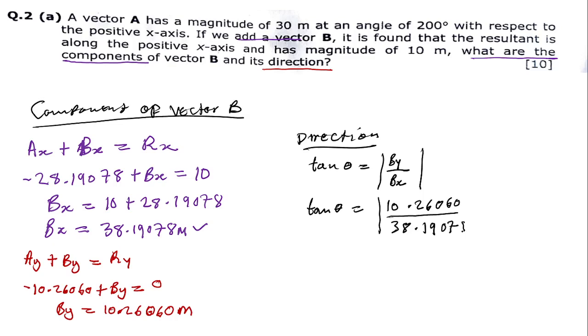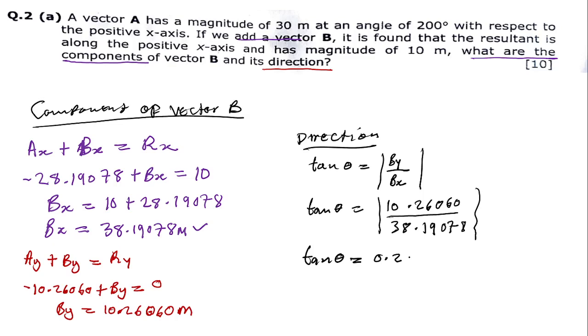So when you divide those numbers, it's going to give you tan theta is simply equal to 0.268666.